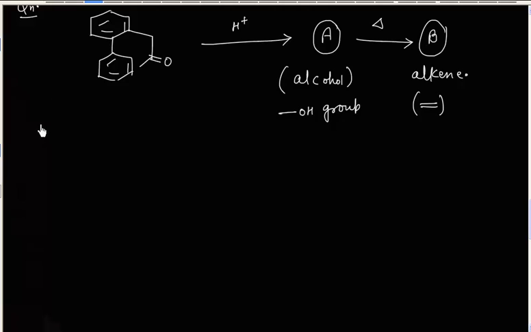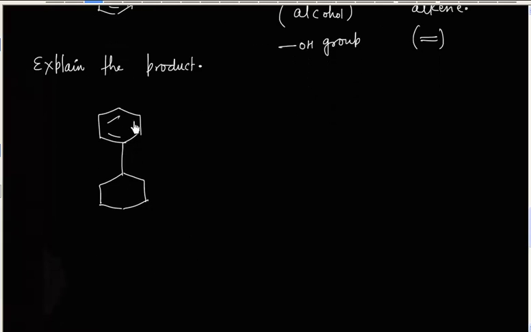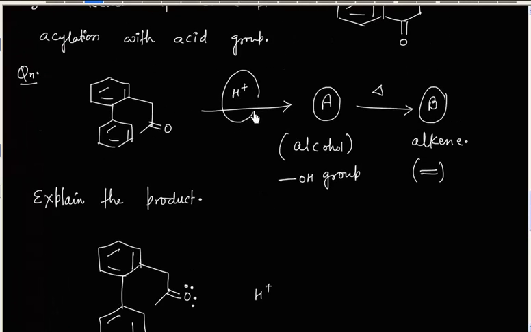So let us explain the formation of product. So now in the first step, we have H plus. So catalyst is given, the medium is acidic.